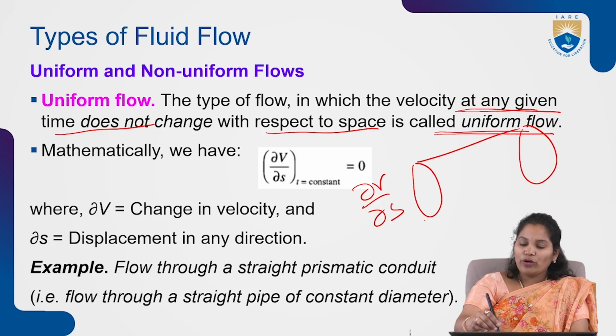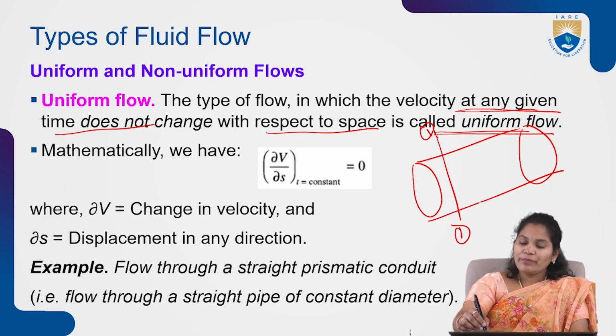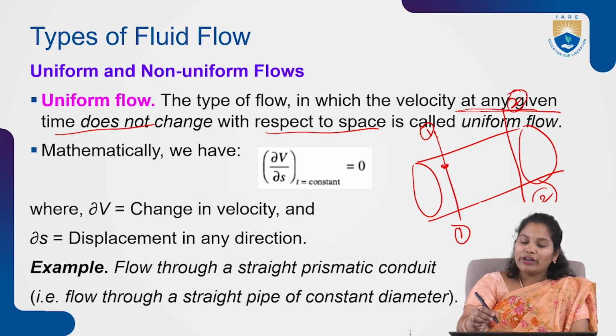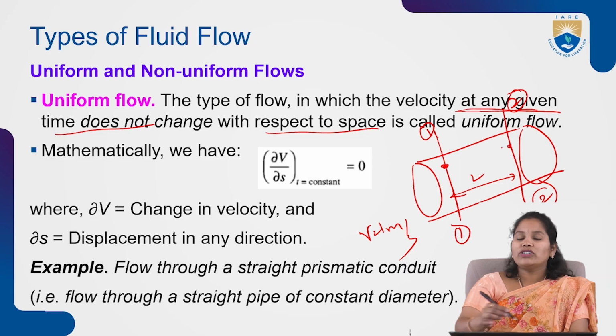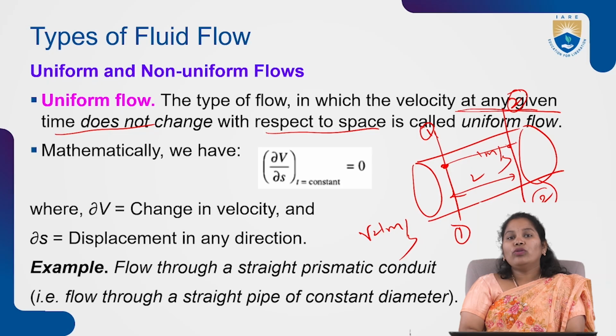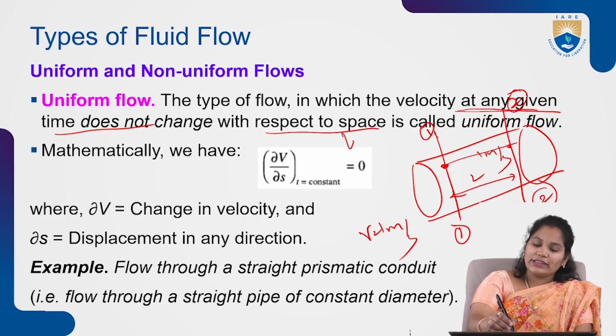This is the pipe flow, and we are taking section 1-1, and here is section 2-2, right? At this distance, I am calculating velocity, that is 1 meter per second, and at a certain distance L, I am calculating velocity again. The velocity is the same, 1 meter per second. That means the velocity does not change with respect to space, with respect to length.